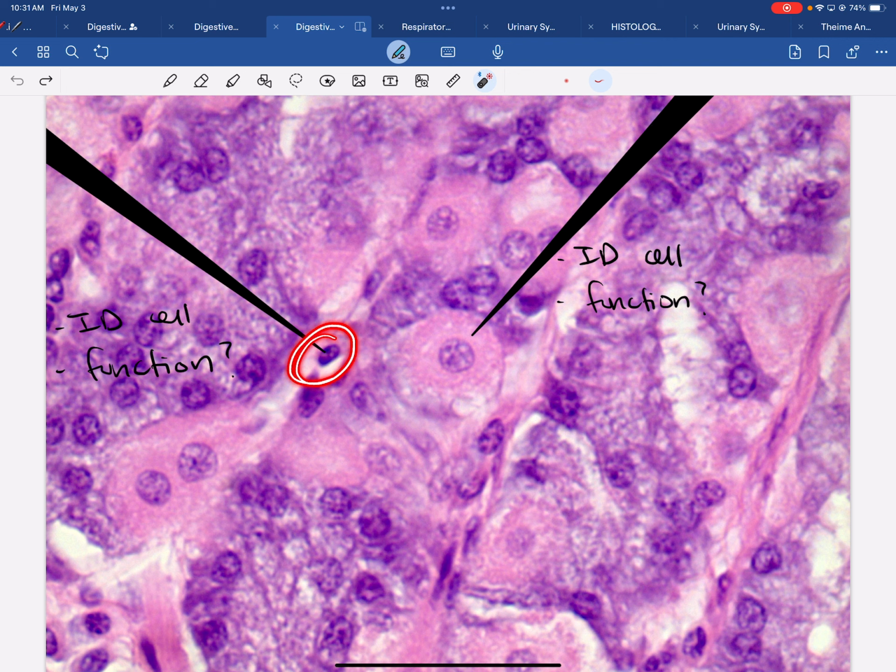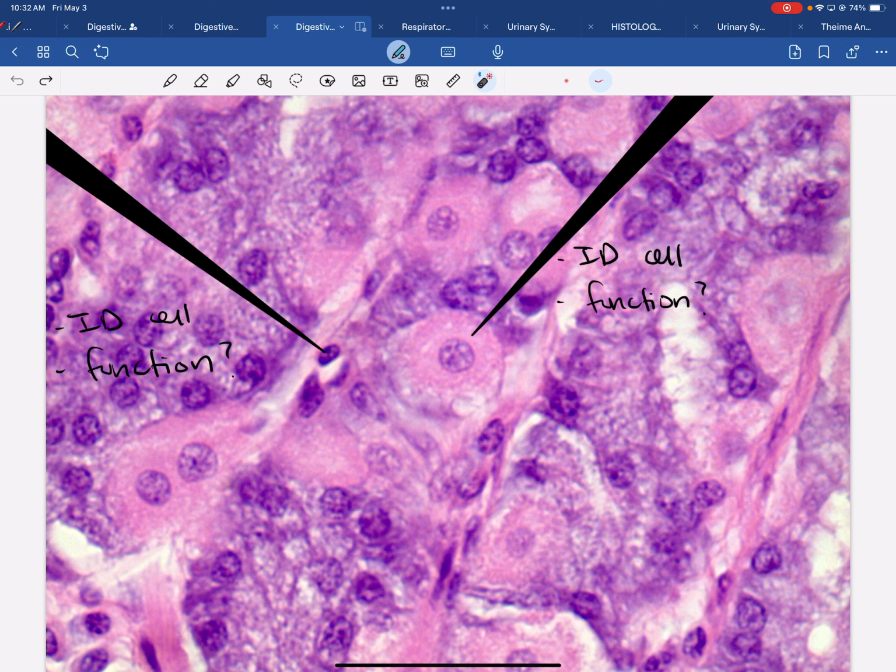Which cell is this? Any of these. A chief cell, good. What do they do? They secrete something. What do they secrete? Good, they secrete pepsinogen.